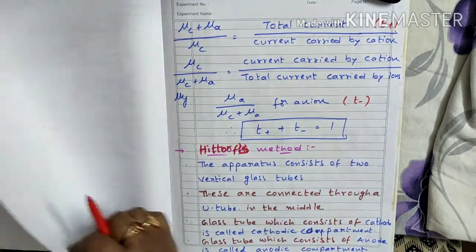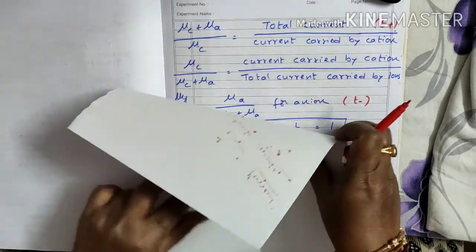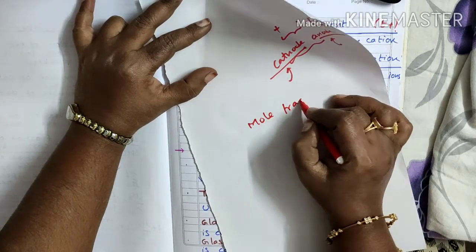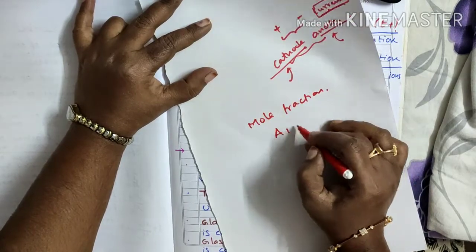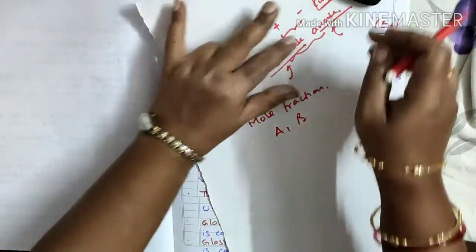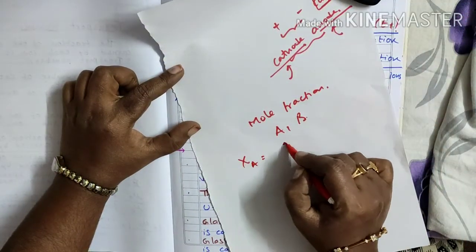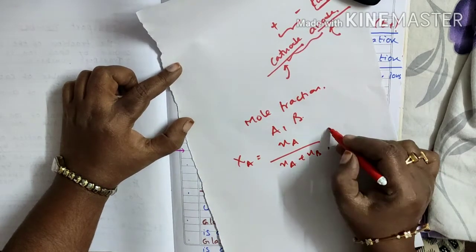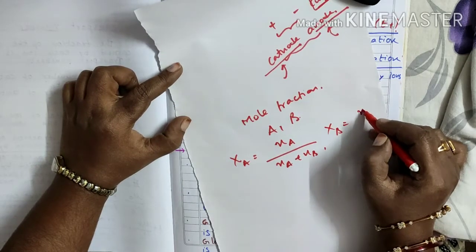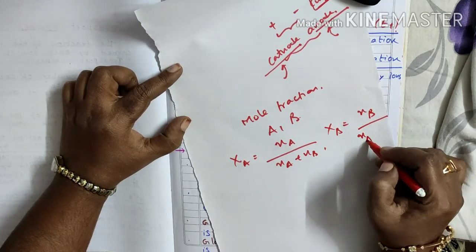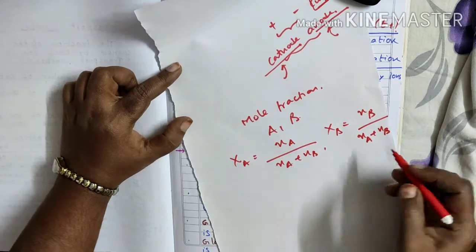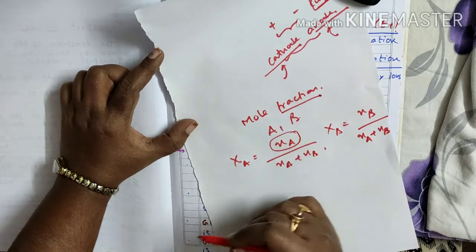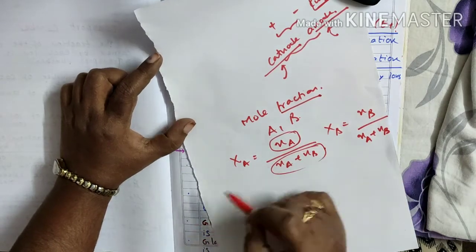T plus plus T minus is equal to 1. So why did we add the 1 plus? Because in the solutions lesson you all know about mole fraction. We take two solutions, and the mole fraction of A is calculated by the number of moles of A by the number of moles of A plus the number of moles of B. Likewise, the mole fraction of B is the number of moles of B by the number of moles of A plus B. So a fraction is calculated as the number of moles of A by the total.